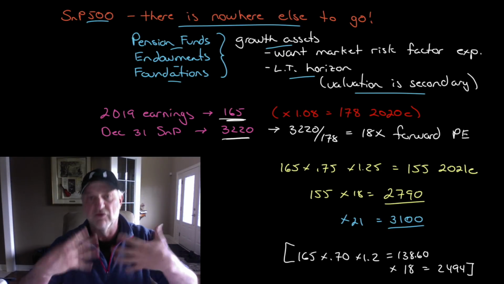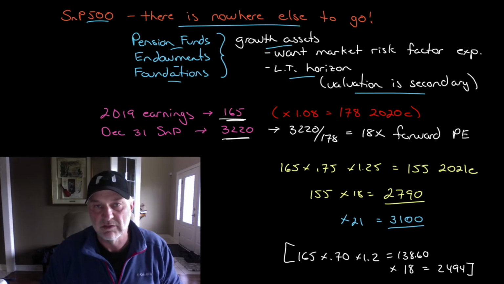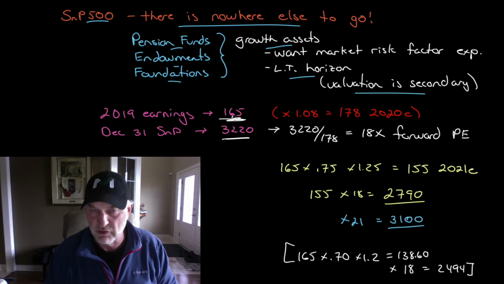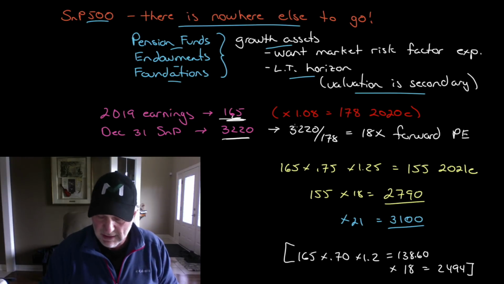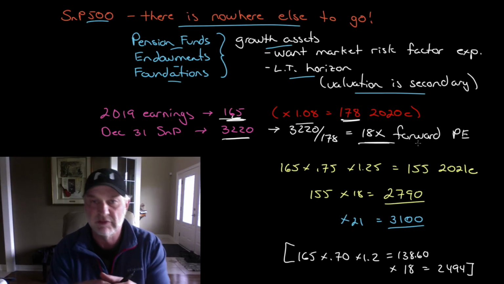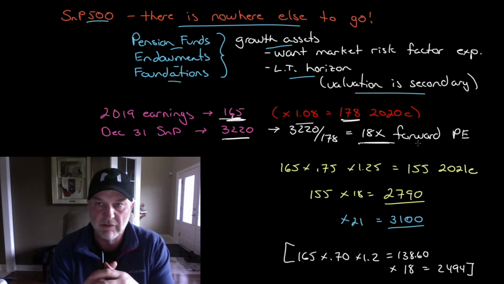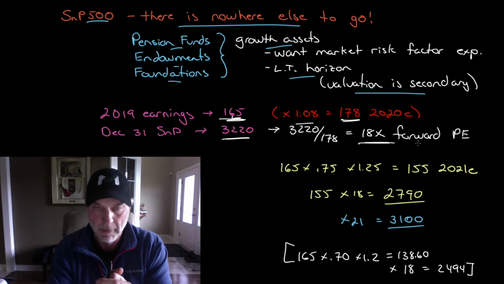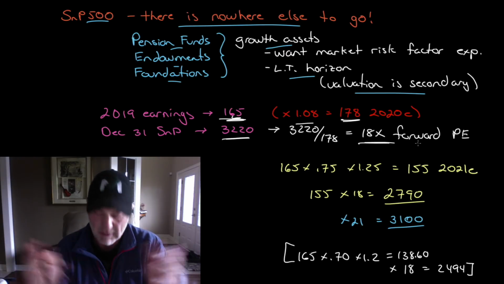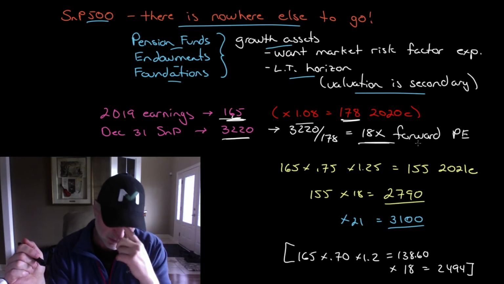But the market is a forward-looking mechanism, which means it's not pricing in the 165. It was pricing in the estimate for 2020 earnings, expected 8% growth in corporate earnings to $178, which means the market was trading at 18 times forward earnings as of January 1st, if we take the 8% growth as the estimate for 2020 S&P 500 earnings.